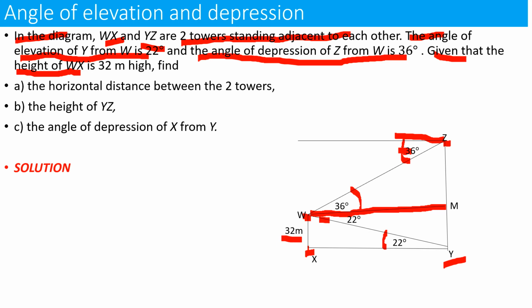We have to find the horizontal distance between the two towers, which is XY. Then we have to find the height of YZ, and we have to find the angle of depression of X from Y.